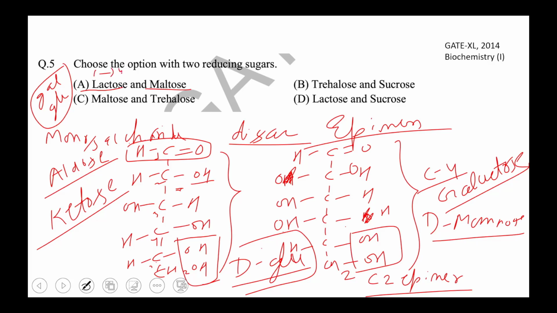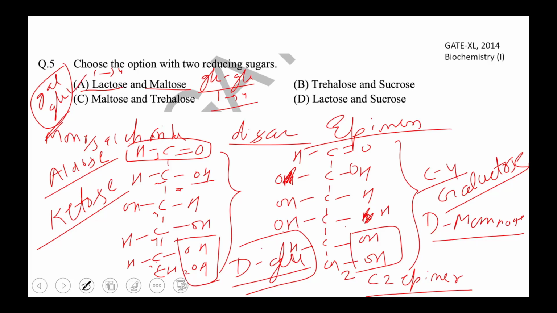That is why one end of glucose is free for the aldehyde group. In maltose also, we saw maltose is glucose, with a 1,4 glycosidic linkage. That is why the aldehyde group carbon, the anomeric carbon, the first carbon of one of the monosaccharides, is free. So here both the sugars work as reducing sugars.